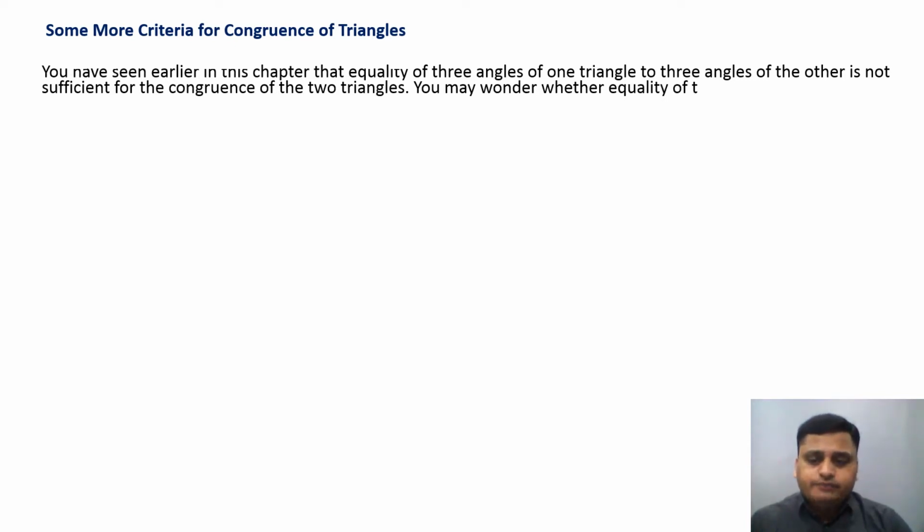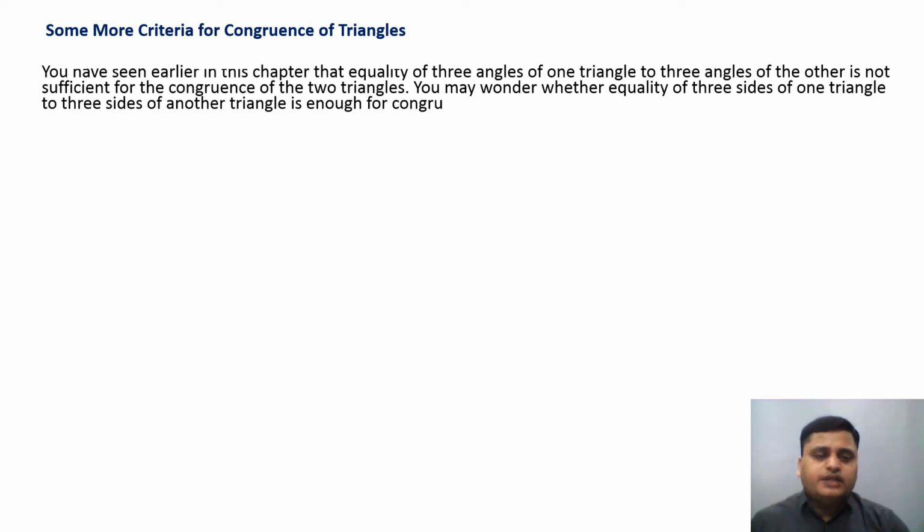You may wonder whether equality of three sides of one triangle to the three sides of another triangle is enough for the congruency of two triangles, but equality of three angles of one triangle to the three angles of another is not sufficient.